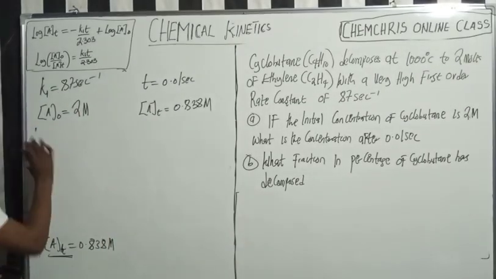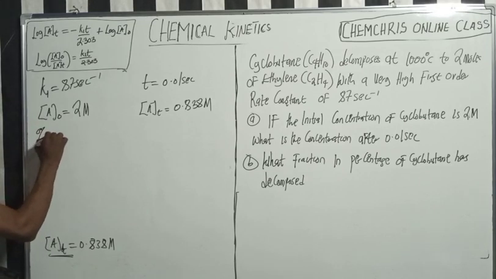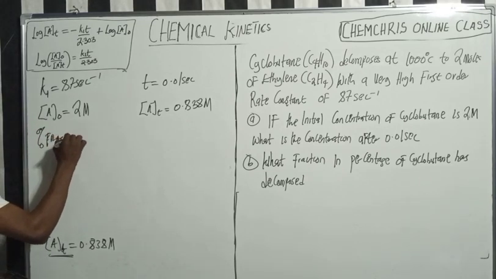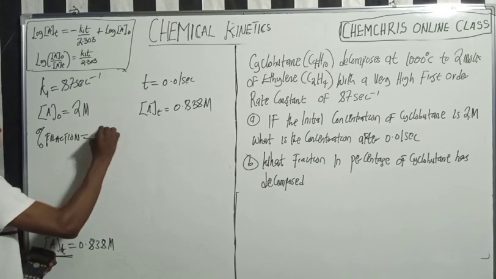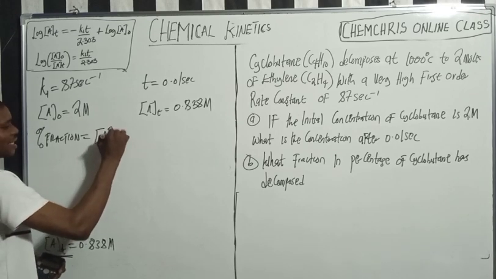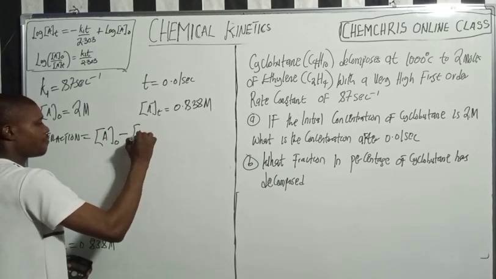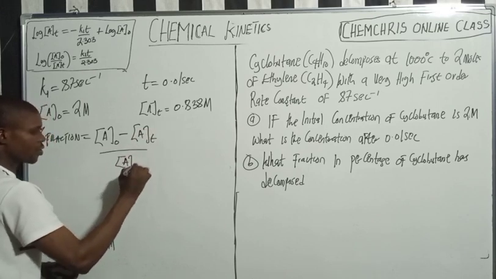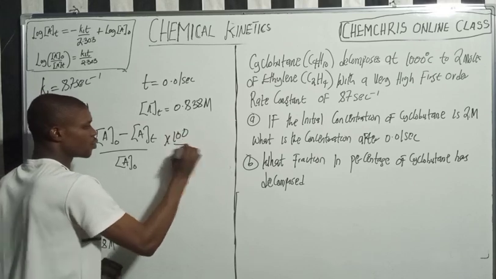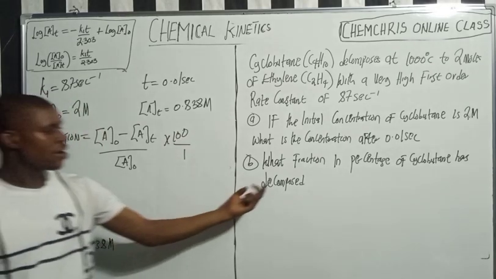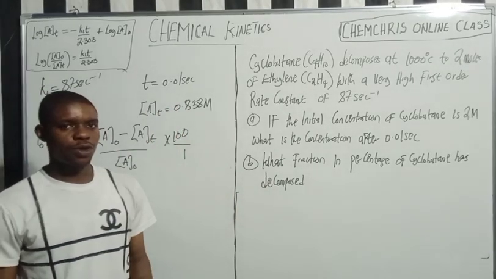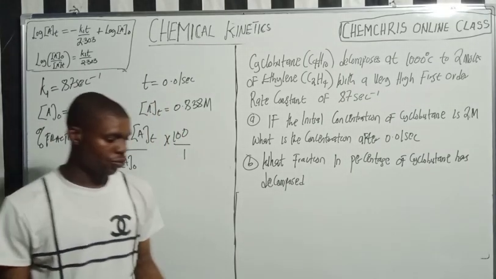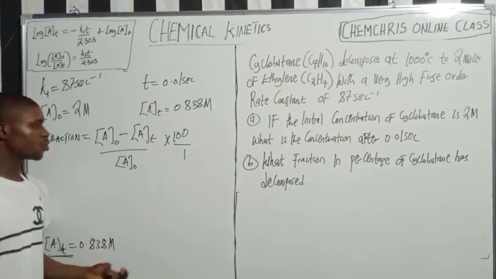The percentage fraction is very easy. It's okay. Percentage fraction is the initial concentration minus the final concentration over the initial concentration times 100 over 1. So whenever they say what fraction of the reactant decomposed, this is what you want to make use of.